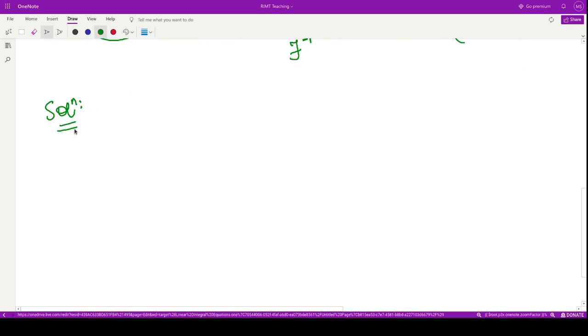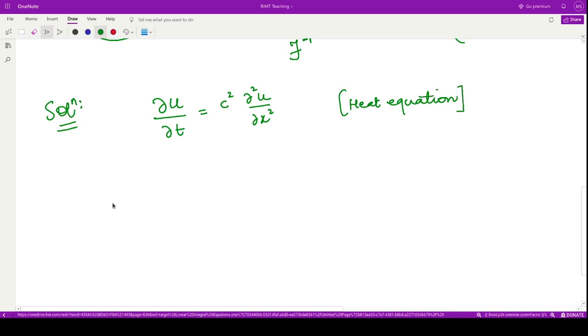So for the solution part, first of all, let me write down the heat equation. That is given by del u by del t equal to c squared del 2u by del x squared. So this is our heat equation. Now according to this equation, we will apply the Fourier transform onto this equation with respect to the variable x, right?